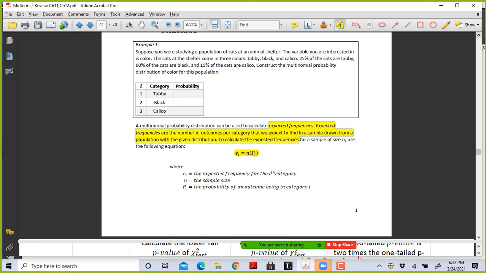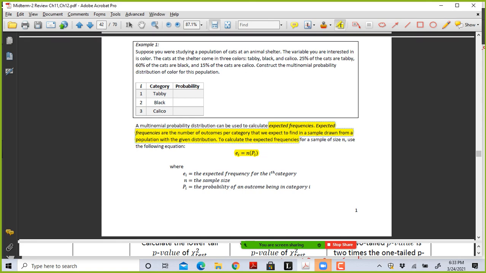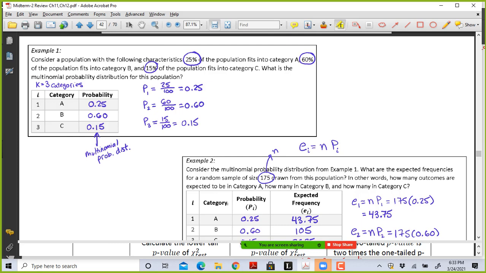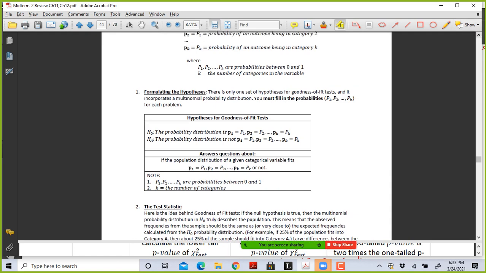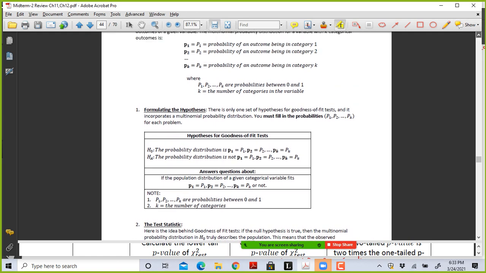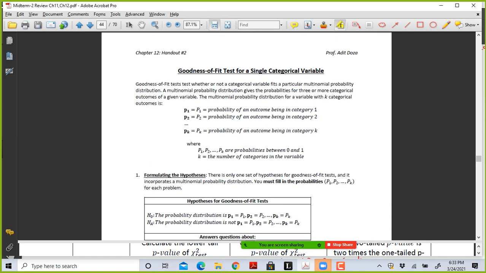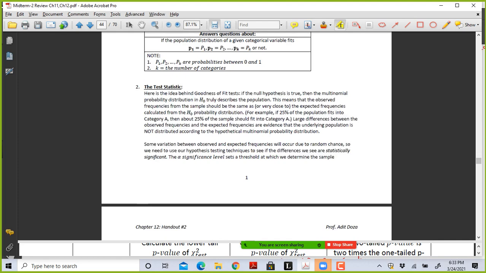It's pretty straightforward. I did a lot of examples in class, and I will give a question on goodness of fit test for a single categorical variable. Okay, I will do a word example as well, so don't worry.